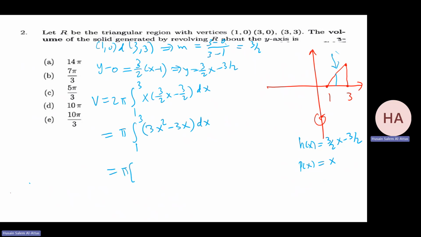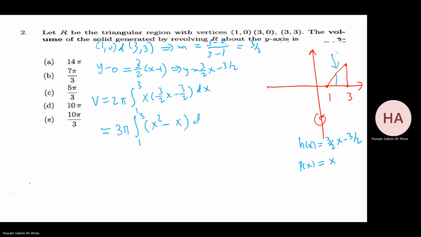That will be pi. You know what? I can take the 3 also outside. I can take 3 over 2 as a common factor. That will be 3 pi integral from 1 to 3 of x squared minus x dx.